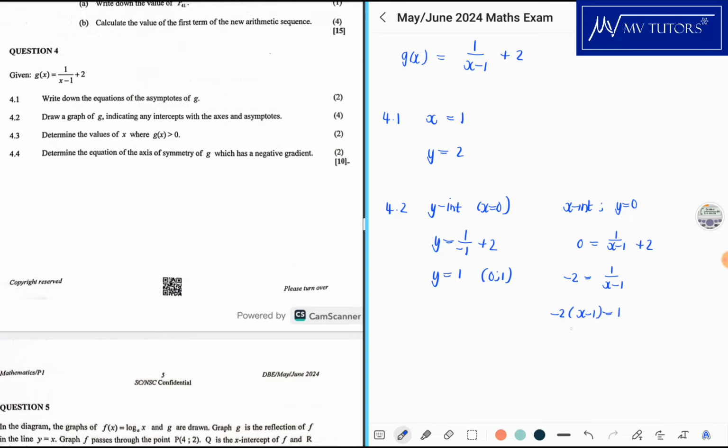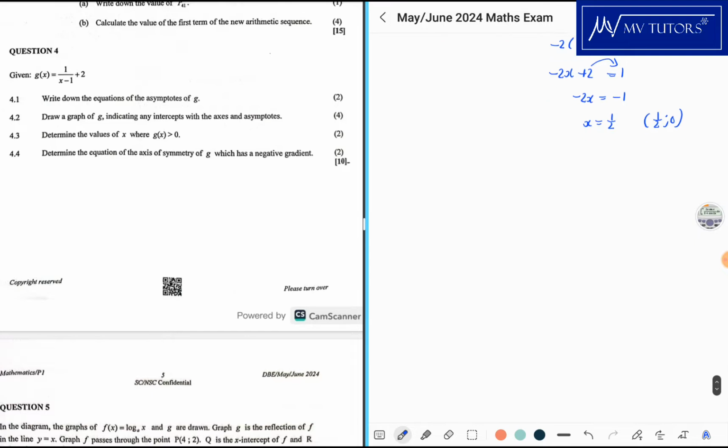I'm left with 1. So negative 2x plus 2 is equal to 1. Negative 2x is equal to, if I take 2 that side, negative 1. So x is a half, positive a half. So then I have another coordinate, half and 0.